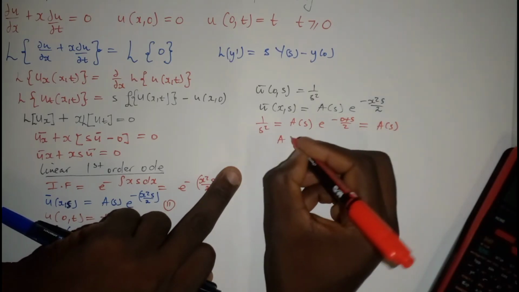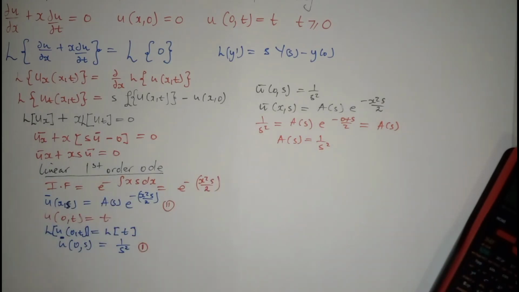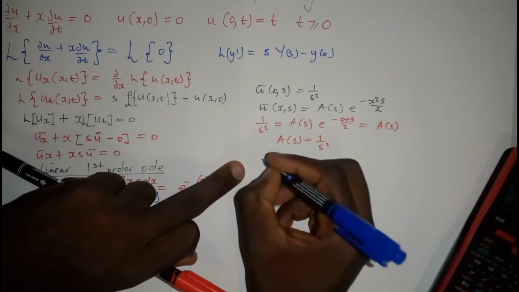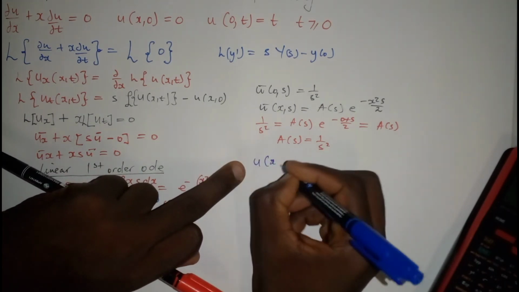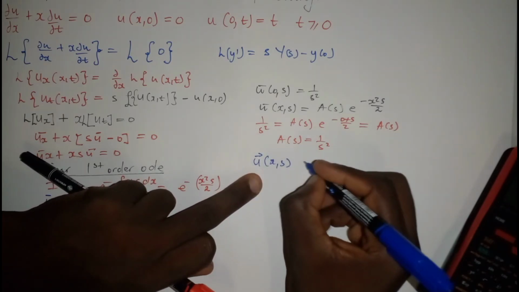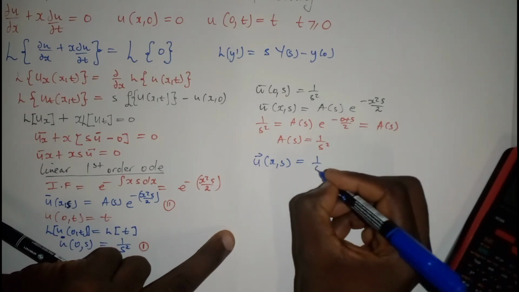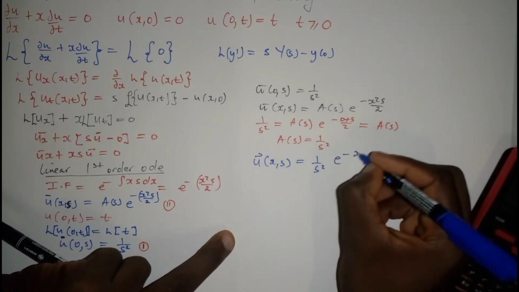So now I know A(s) is equal to 1 over s squared. Since we now know the value of the constant, I think we're almost done. We have u bar(x,s) equal to, for A(s), 1 over s squared e to the power negative x squared s over 2.